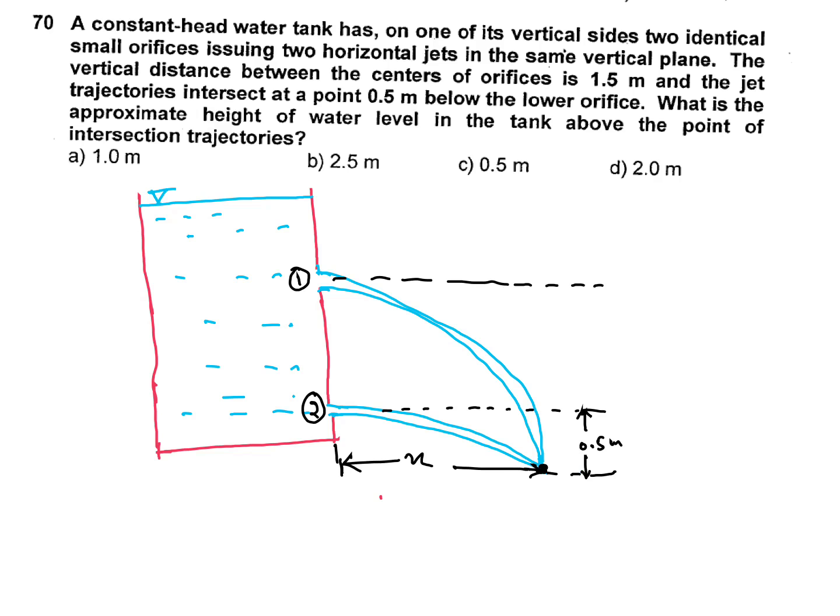Then this is 1.5 meter. Let it be capital H. Take it as Y3. Here, what is the approximate height of water level in the tank above the point of intersection of trajectory? So H we have to calculate.